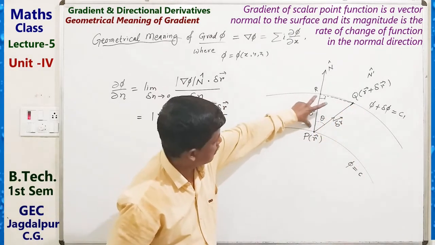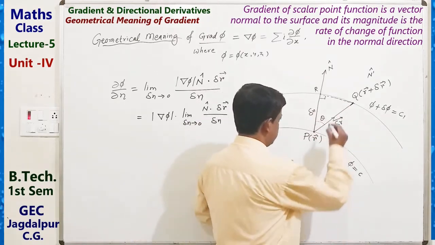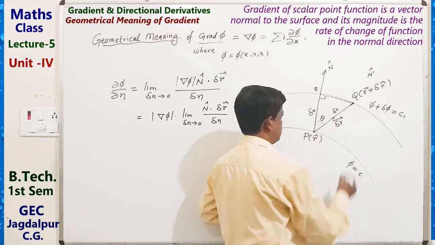This is delta n, this is delta r, its value delta r, distance.